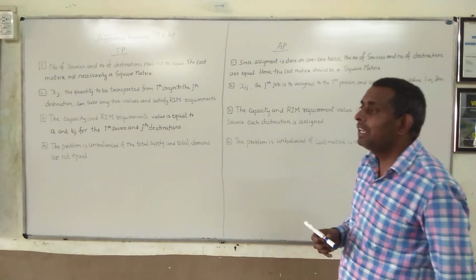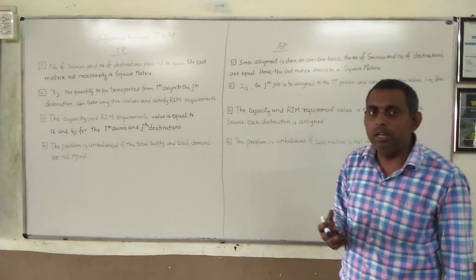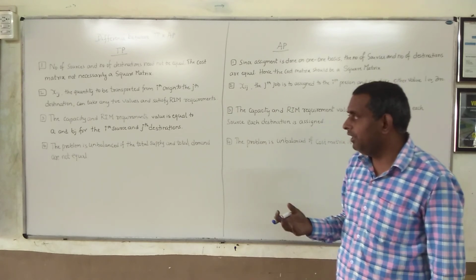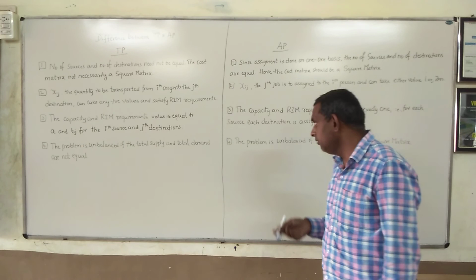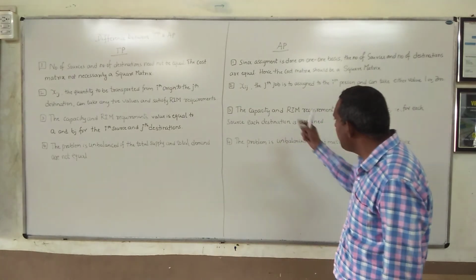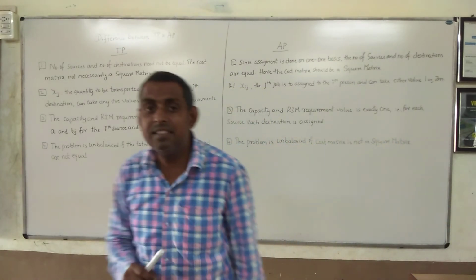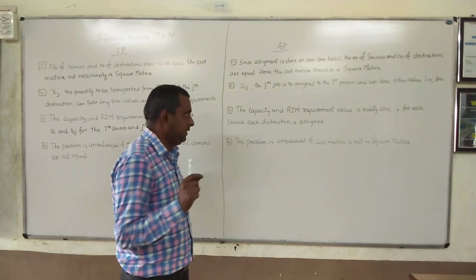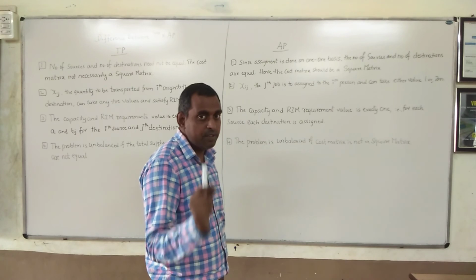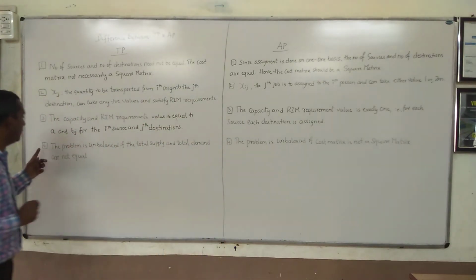Fine, the third, the capacity and the rim requirements values equal to the summation of Ai should be equal to the summation of Bj. That is ith source and jth destination. Whereas for the assignment problem, the capacity and the rim requirement value is exactly 1 because the assignment is done on 1-to-1 basis. So for each source there is a destination. Specified destination is assigned. Fine. Then the last one is the problem.